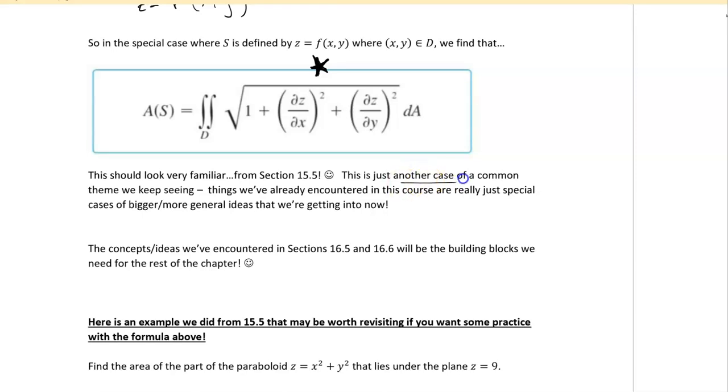So this is just another case of a common theme we keep seeing, where we've already encountered something that is really just a special case, and now we're trying to get more general.